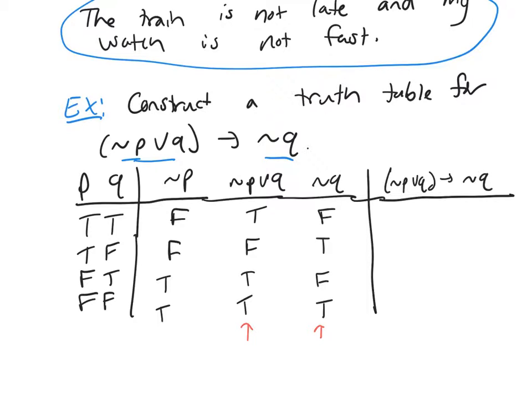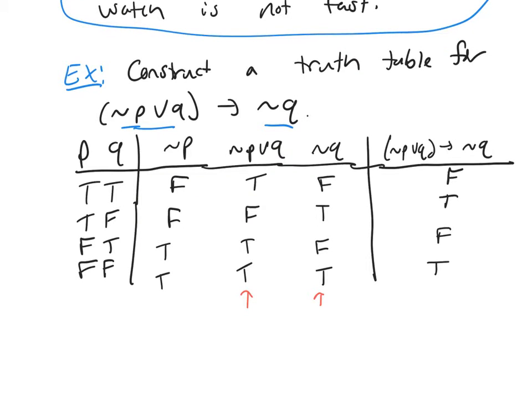So this is the only time you would record a false. Then in the second row, the first column is false, and that means it's automatically true. You have another true and false, so that's false. And then they're both true, so that's true. So that would be the truth table.